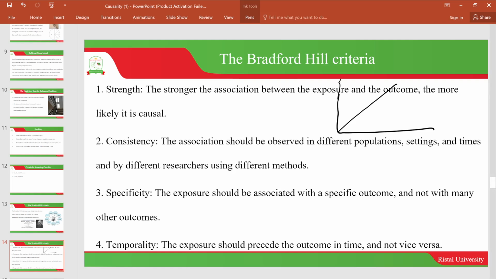This is the graph about exposure and the occurrence of a disease of interest.